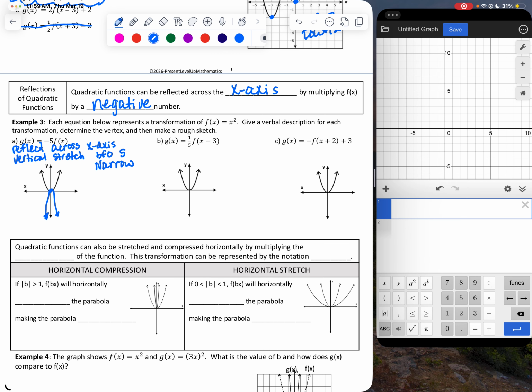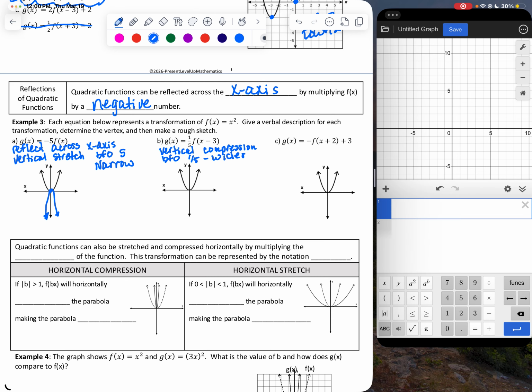All right. In problem B, it says g of x equals 1/5 times f of x minus 3. Now, because that function has been multiplied by 1/5, that's going to be a vertical compression by a factor of 1/5, which means it's going to be wider.